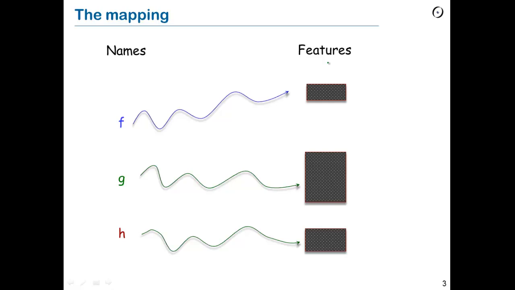And this correspondence between feature names and features should be a function, also known as a mapping, meaning that for a given name such as G, here there should be just one feature, one piece of functionality, one piece of code that corresponds to that name.